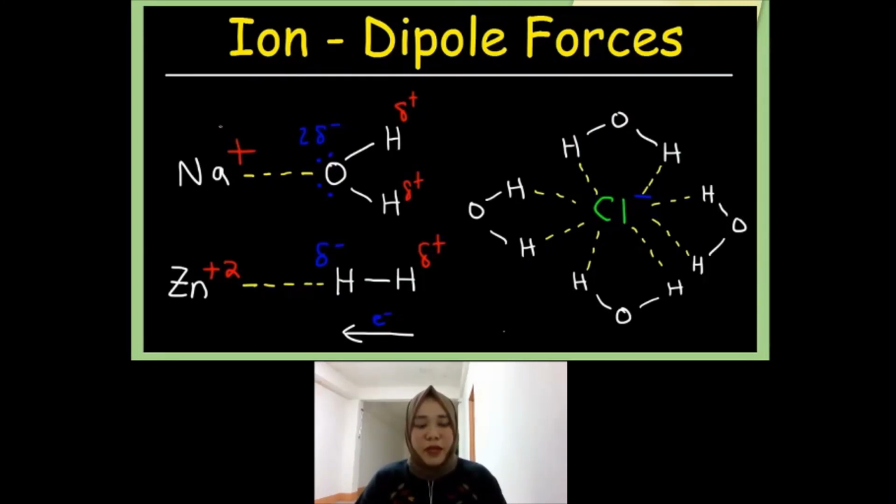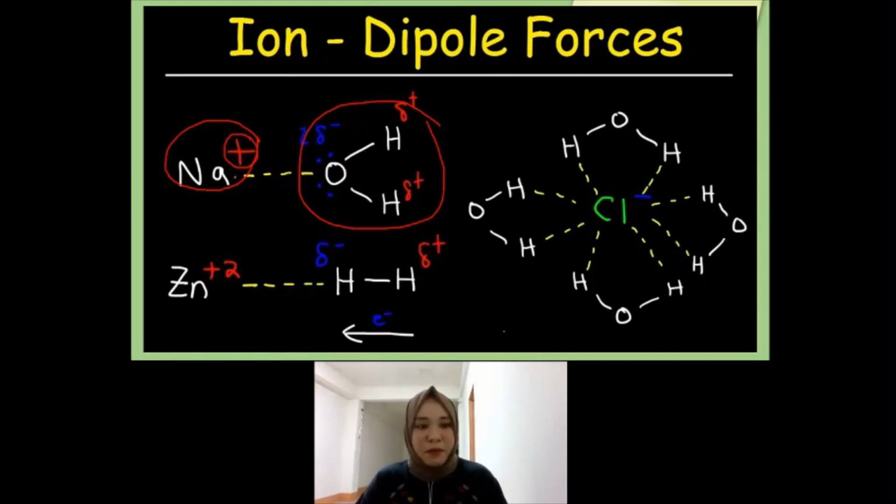We have an example here. We have the sodium ion, Na, bonded to water, or H2O. Now, sodium here is a cation, so it is positively charged. So where is the ion-dipole force found between sodium ion and water?